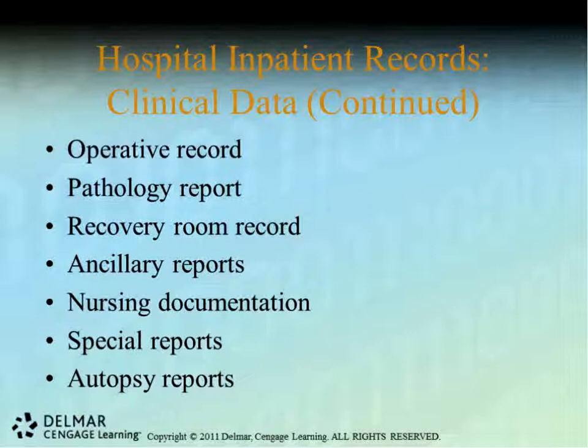You might see that called MAR; your nurses a lot of times are going to fill that out as well. If you look at table 6.9 on page 176, it shows your nursing documentation that they're involved in, and it aligns with those different figures that I just pointed out.